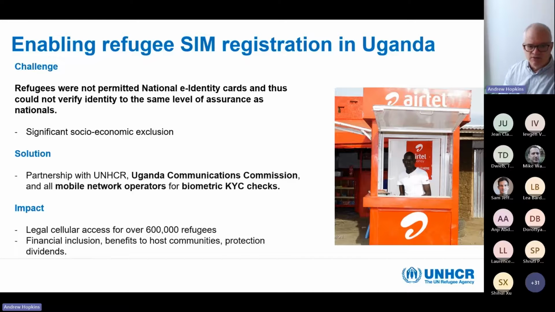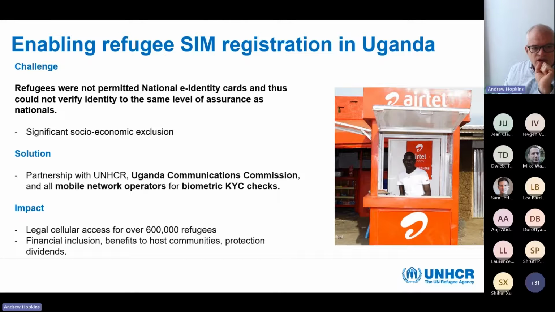I believe the last count was 1.4 million refugees in Uganda, perhaps up to 1.5 already, where we had, a few years ago, the challenge of refugees not being able to get SIM cards. And this resulted in real significant socioeconomic exclusion, with no access to mobile money, no ability to contact family and friends. So you can imagine how the lack of having a SIM card really was quite heavy.